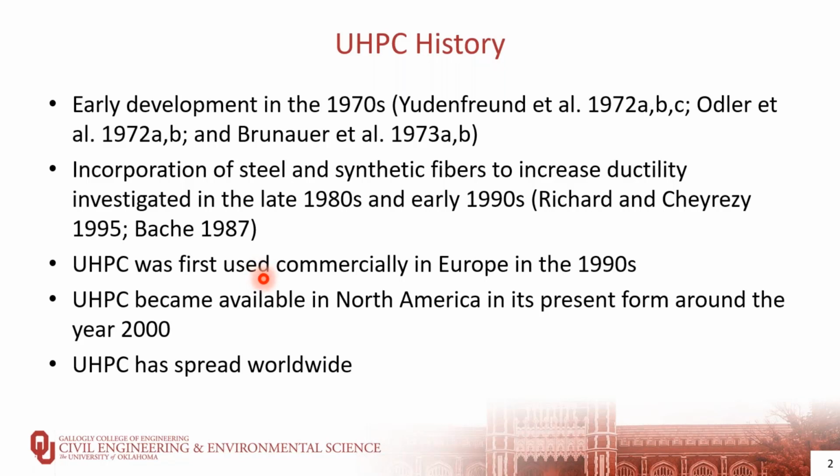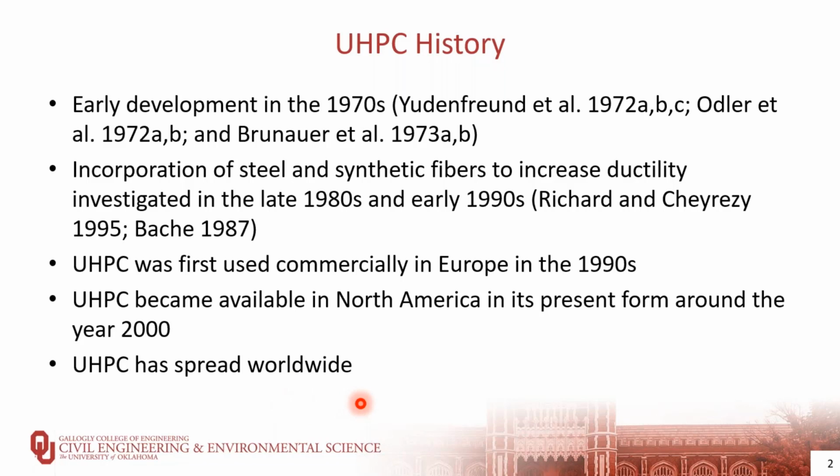The first UHPC was commercially available in Europe in the 1990s and then became available in North America around the year 2000. And since that time, UHPC has spread worldwide, has had a lot of interest, a lot of events like this that have been held, and a lot of applications that have gone into the field.